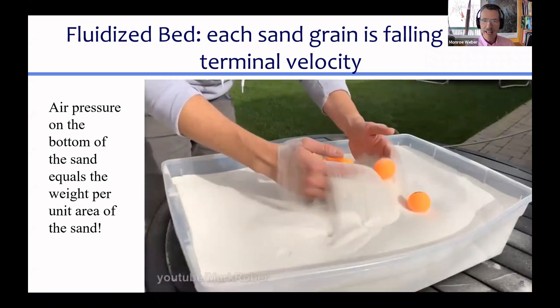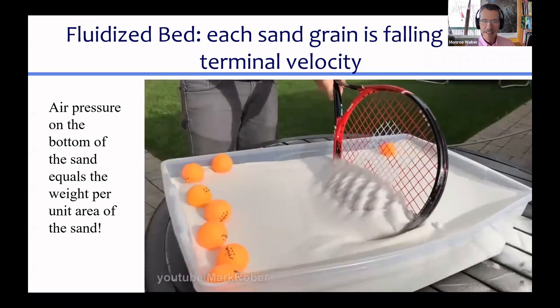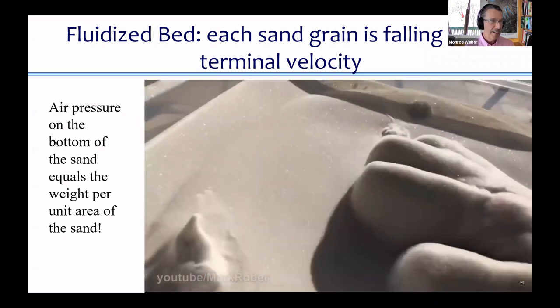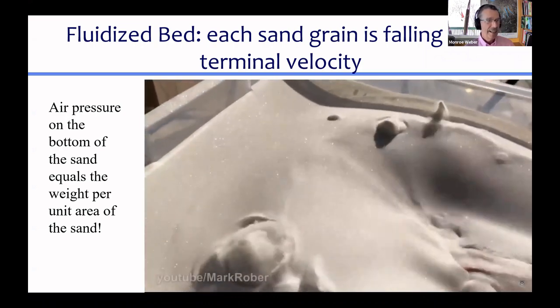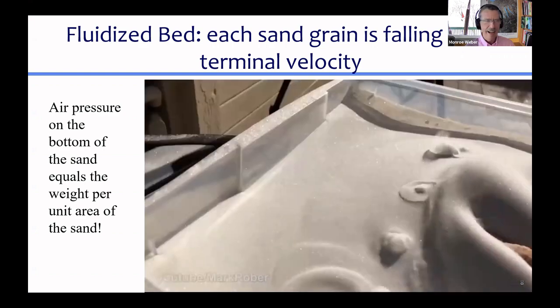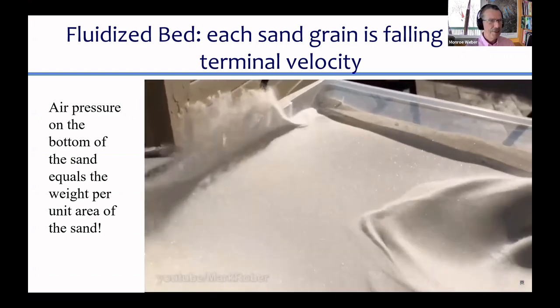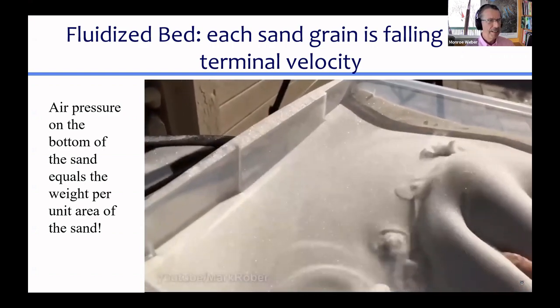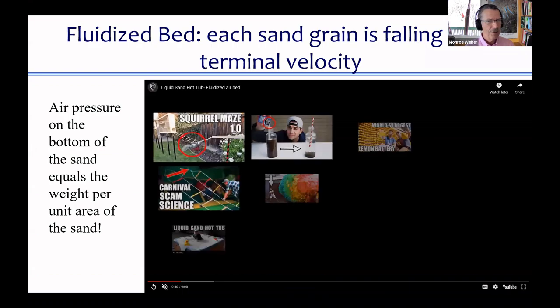So this is a bed of sand that is fluidized with air. And if you've never seen this with your eyes or felt it with your fingers, you're like, what is going on here?